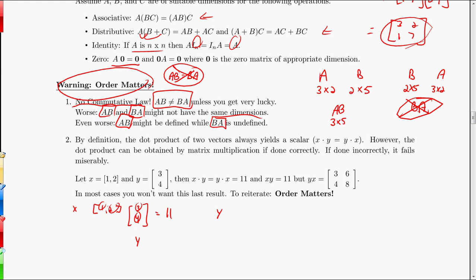But if you do y times x, you get into a big problem, because that's going to be [3; 4] times [1, 2].